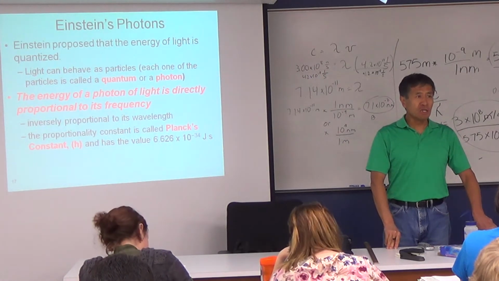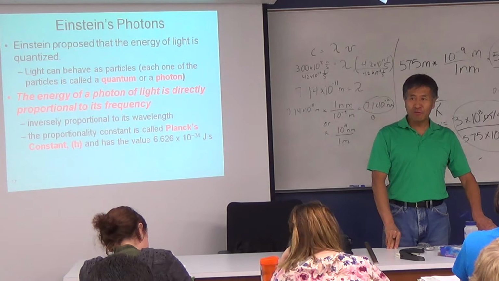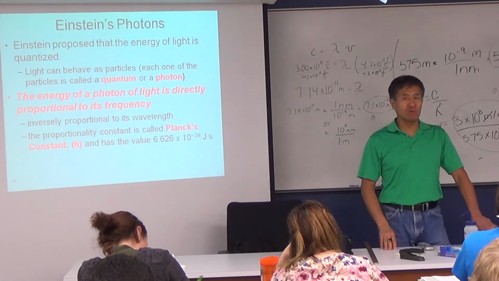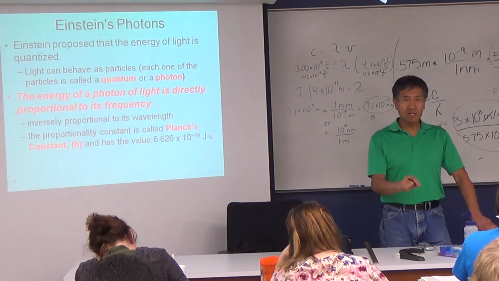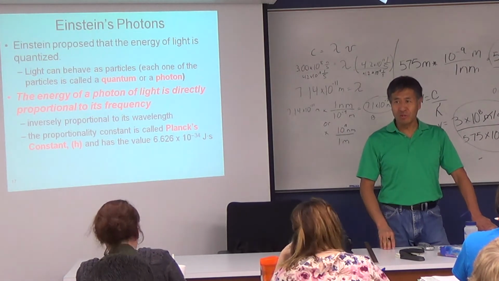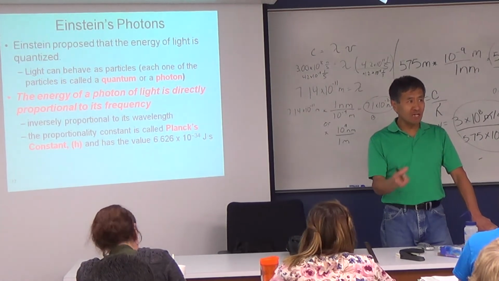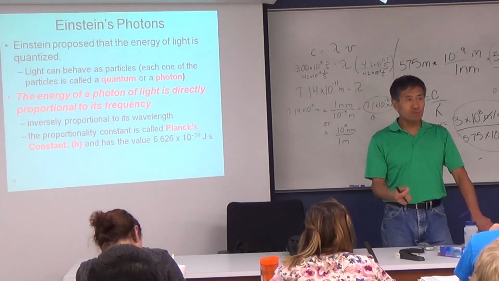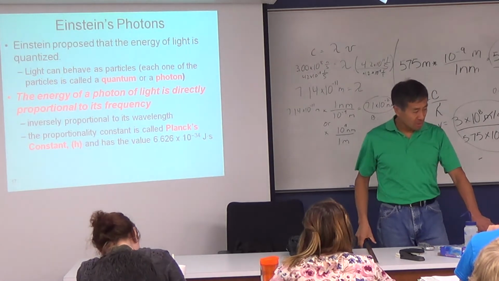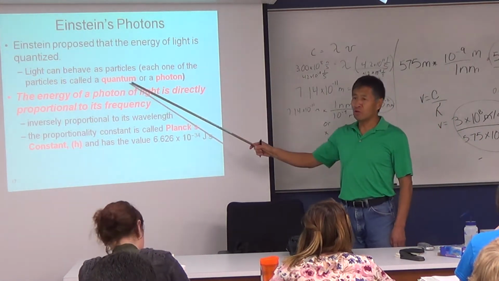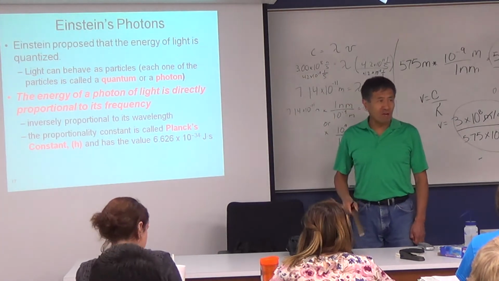Then your total energy for your light depends on how many of that small package you have. If you have one small package, you will have that amount of energy. If you have two small packages, you will have twice that energy. If you have three, you have three times. Right? So Einstein calls that one quantum or one photon.